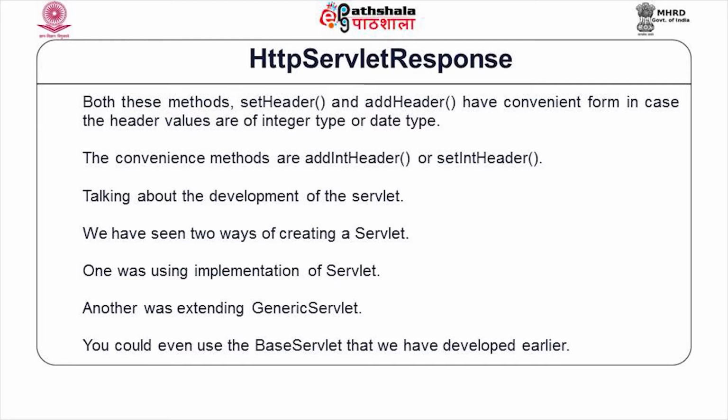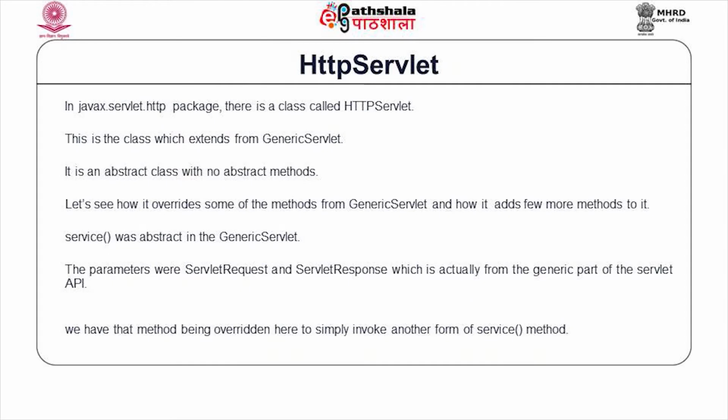Now, let us look at another thing. Since we are talking about the HTTP specific protocol, we have one more class available as part of the API. In the javax.servlet.http package, there is a class called HttpServlet.